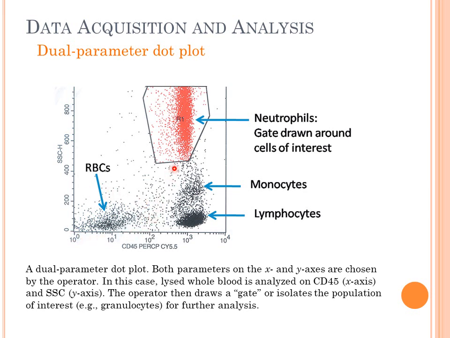But in this case, we've decided we're interested in looking at the neutrophils. And so then we as the operator draw a gate, and all a gate is, is like drawing a circle around something you're interested in. You're telling the computer, let's look at what's inside here and expand that and evaluate it, and let's ignore all this other garbage on the outside.